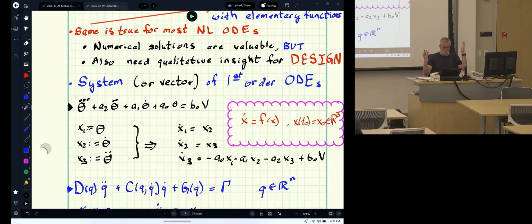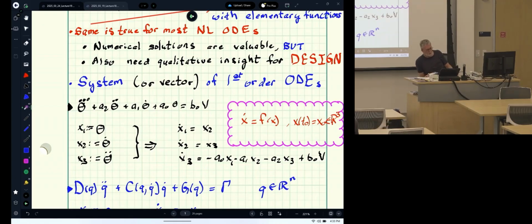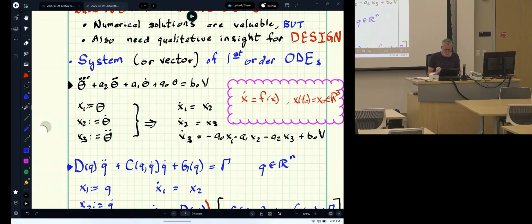And then you get a third order differential equation where order is the highest derivative that appears in the differential equation. You can rewrite it in the standard form by introducing what are called state variables. The fact that they're called state variables is not too important to us, but you'll hear that term.